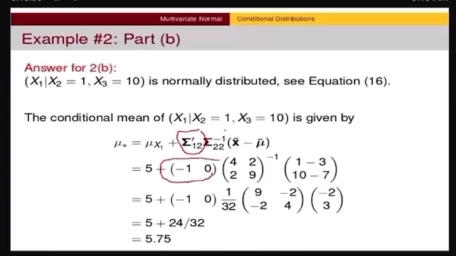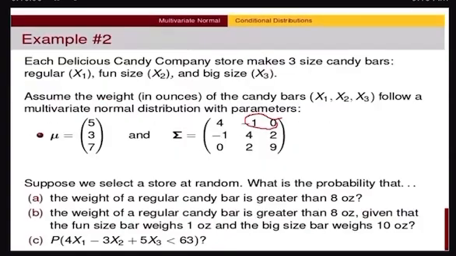And of course, I need the inverse of the 2 by 2 covariance, which is definitely this one here.